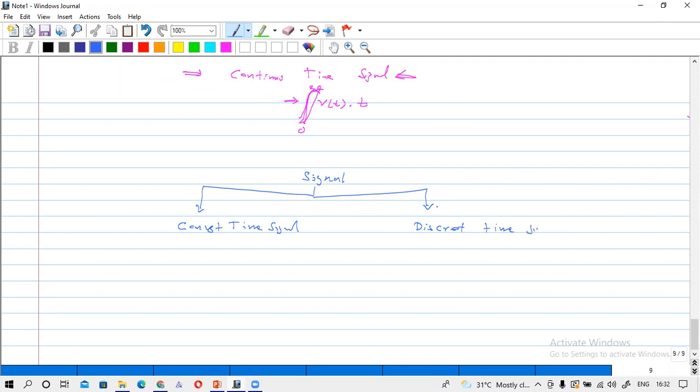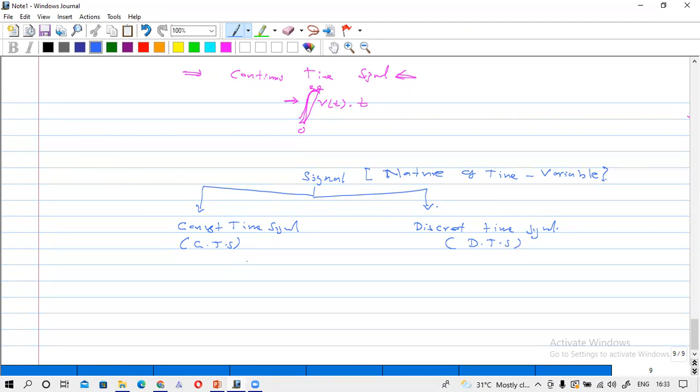So what is the parameter? Here our parameter is the nature of the time variable.